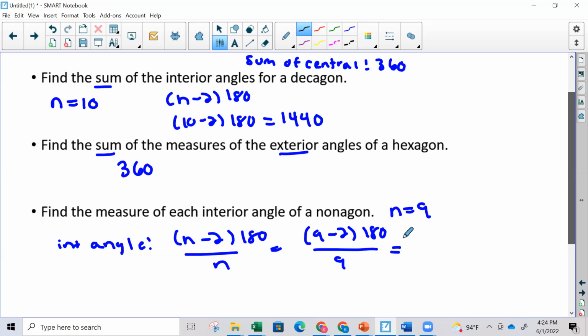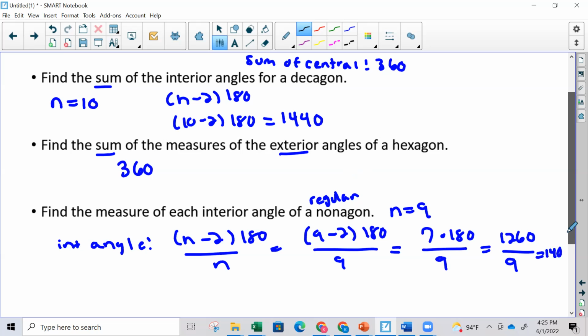If you have a TI or a fancier scientific calculator, you can type this all in at one time, but make sure that's in parentheses. If you think you're going to make a mistake, I would do it in pieces. You always do parentheses first. So 9 minus 2 is 7. And then 7 times 180, which is 1260. That's the sum. This top formula is the sum. And then we're dividing it by the number of angles because they're all equal, since we're considering this a regular nonagon. And so that would be 140.